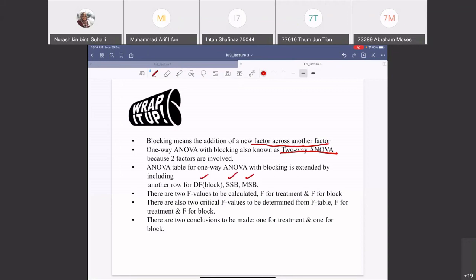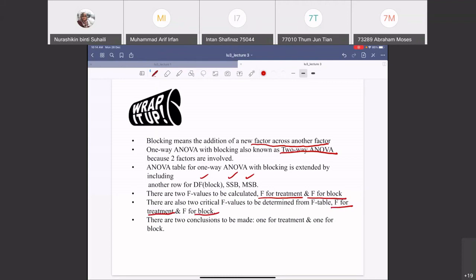Okay, and there will be two values of F to be calculated, one for the treatment and one for the block. And also there will be two critical F values to be determined from the F table, one for the treatment, one for the block. And you have to compare the F calculated for the treatment with the F critical for the treatment.